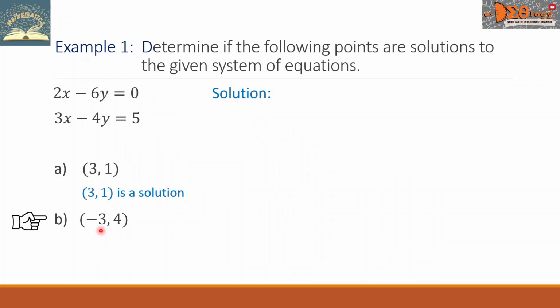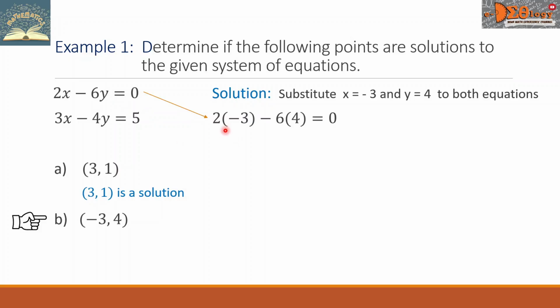Second point, negative 3, 4. Now we substitute x equals negative 3 and y equals 4 to both equations and see if it satisfies these equations. Let's begin with the first. 2x minus 6y equals 0. It becomes 2 times negative 3 minus 6 times 4 equals 0. 2 times negative 3 is negative 6 minus 6 times 4 is 24 equals 0.